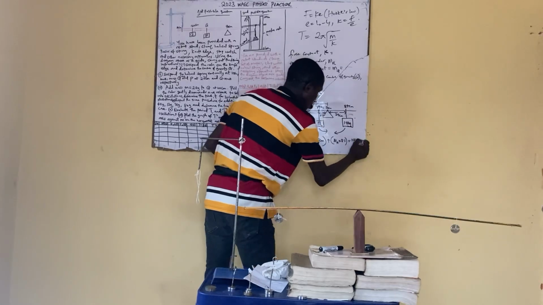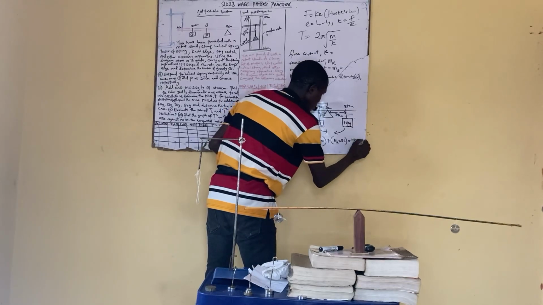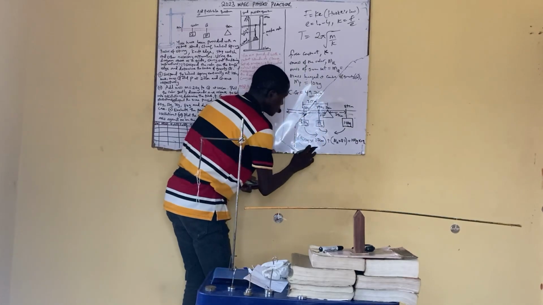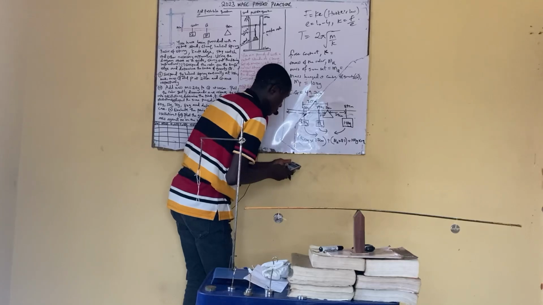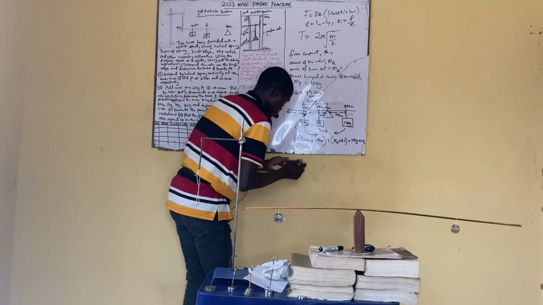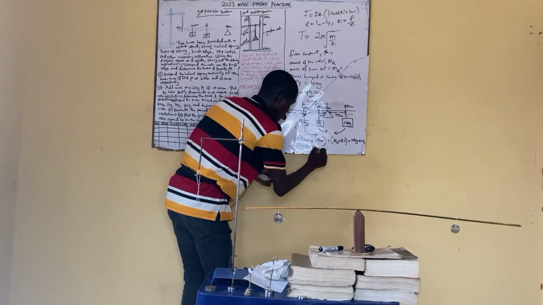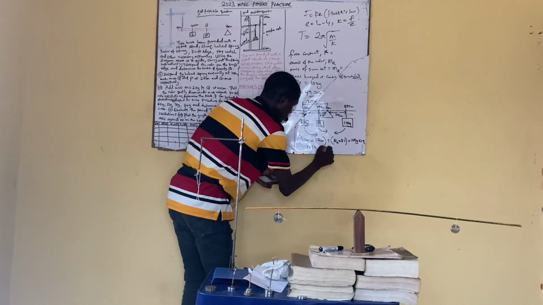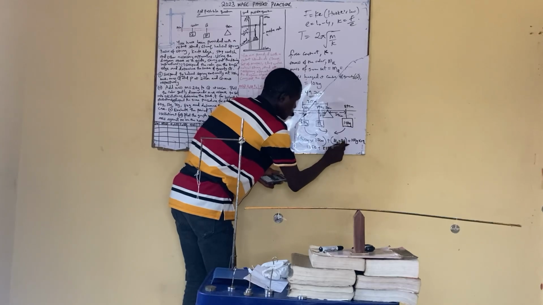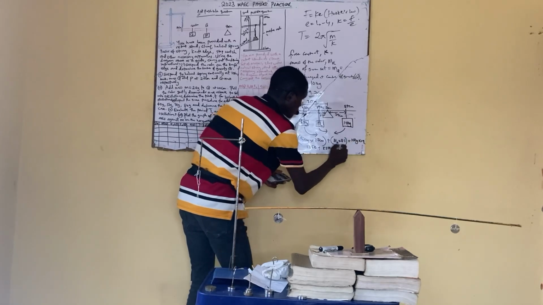So we now have 50 times 35, we have 1,750, plus 8.3 MR equal to 100 times 29, which is 2,900.